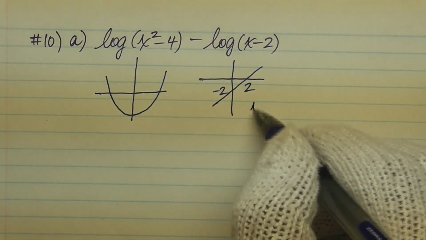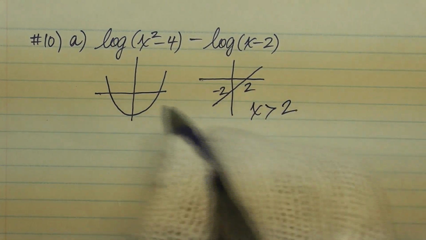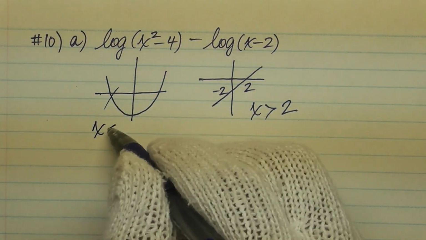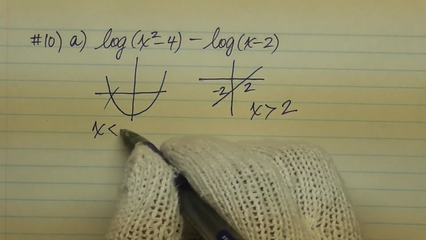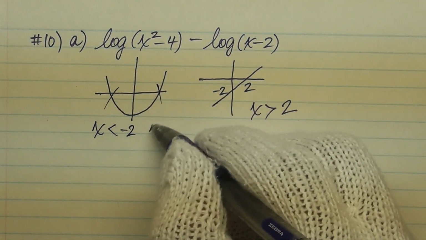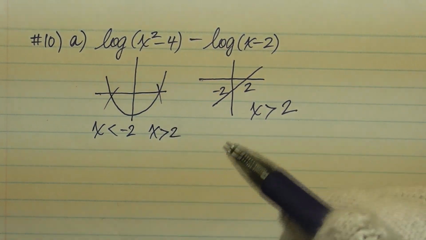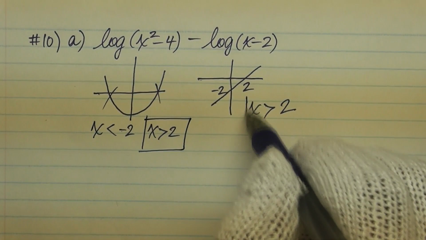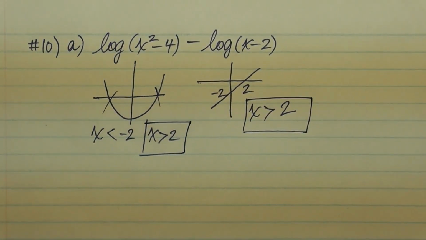So this one's positive when x is greater than 2. This one's positive when x is less than negative 2, or when x is greater than 2. So the only region that's in common is x greater than 2.